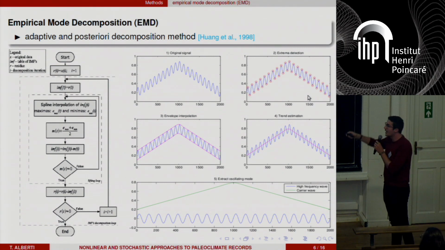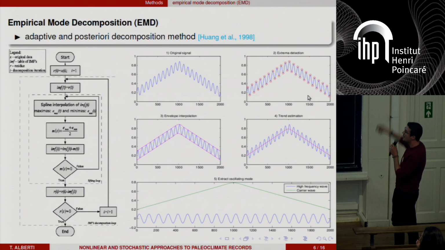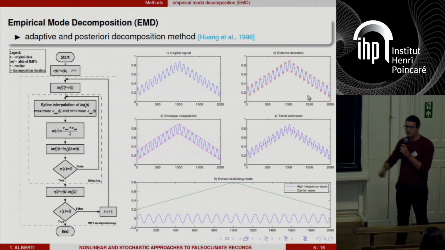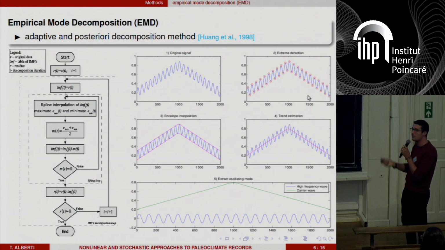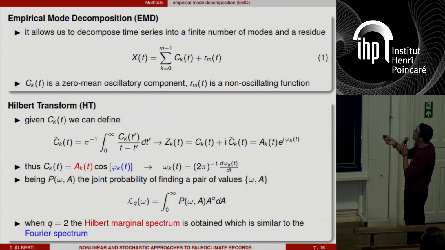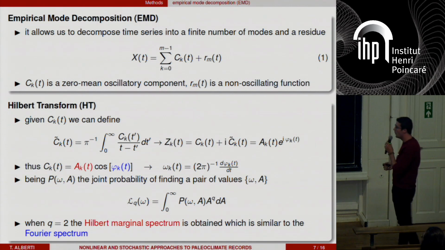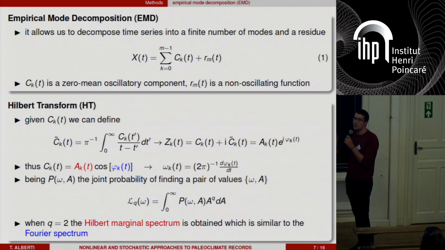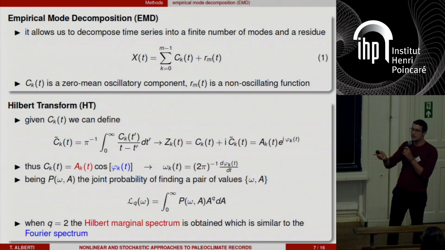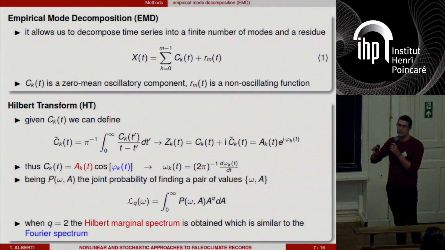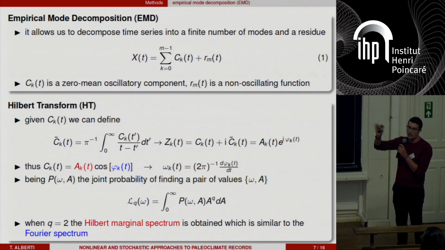But in general, this procedure, these four steps, needs to be repeated several times to extract what we know as intrinsic mode functions, which are signals that need to satisfy two different properties. One is that the number of zero crossings must be equal to, or differ at most by one from, the number of local maxima.